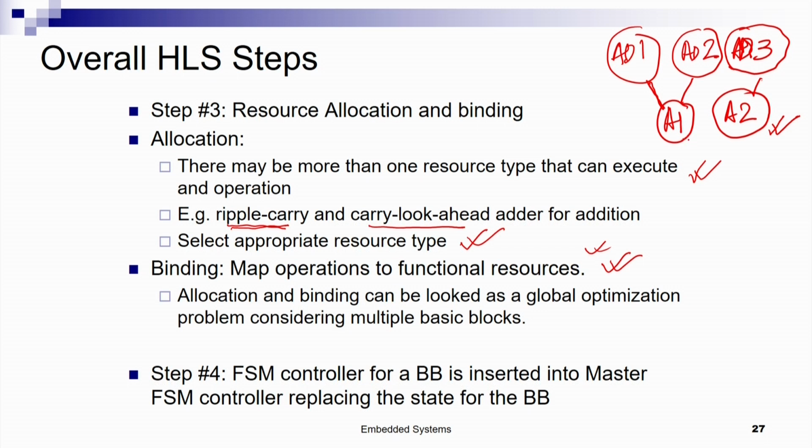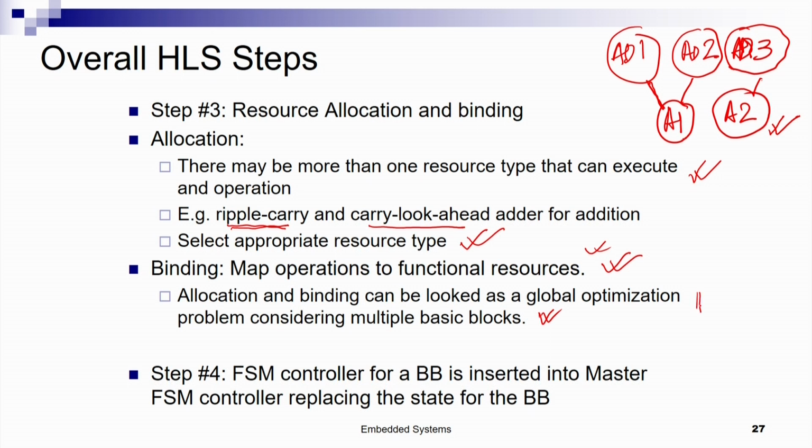Allocation and binding can be looked at as a global optimization problem considering multiple basic blocks. Why? Because the minimization that we can obtain can be much better, since the same hardware resource can be reused by some operations in some other basic block as well. So, therefore, this is actually a global optimization problem.